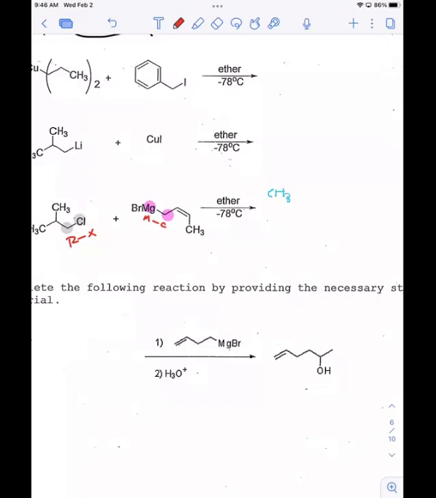You must not have your stylus. I don't, I can tell. It's all right, take your time. Okay, good. So that's the carbon that's reacting. Good.